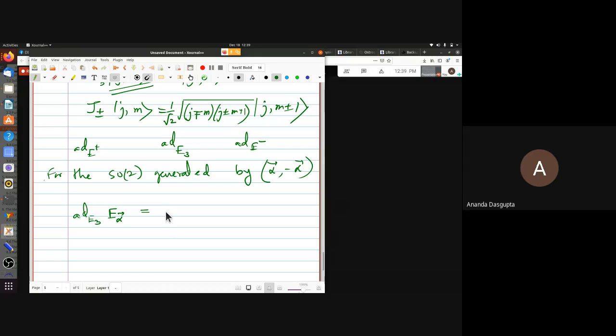Come on, this is the easy question. This is the easier part of the question. Quickly, tell me what this is. This is of course E3 acting on E alpha. How much is this?